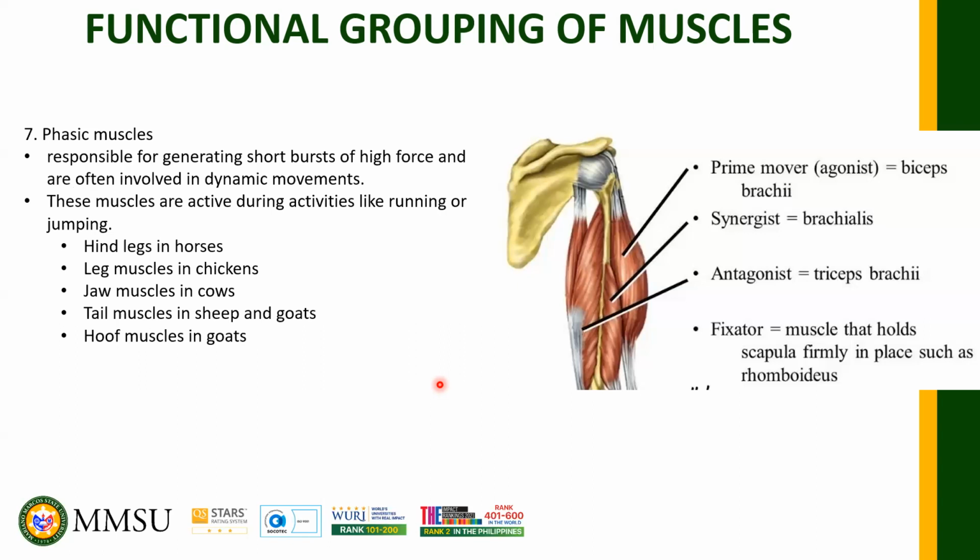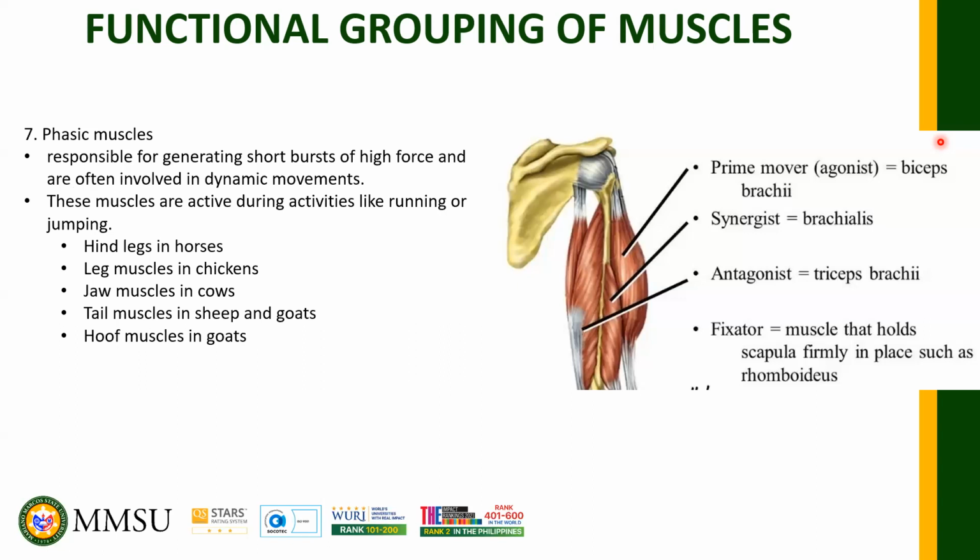And then we have the leg muscles in chicken. This is in the thigh part of the chickens. It's usually used for short and intense bursts of running or jumping. So if you look, their escape is fast. For example, if you approach our chickens, they run fast, they jump fast.